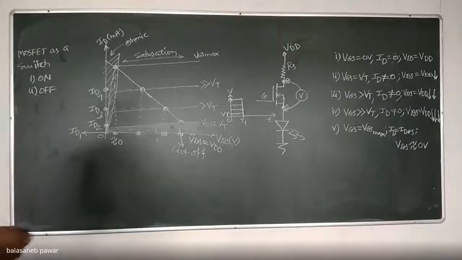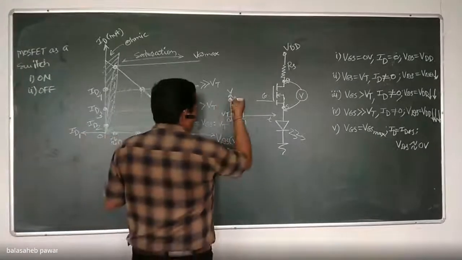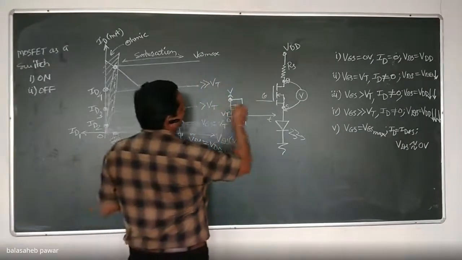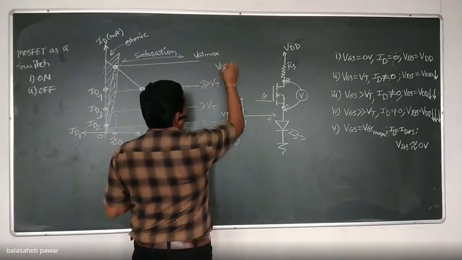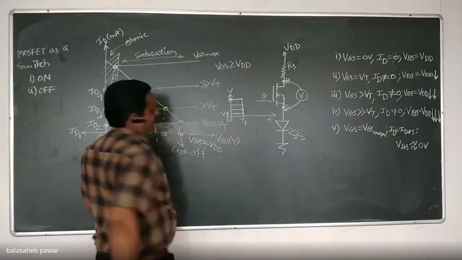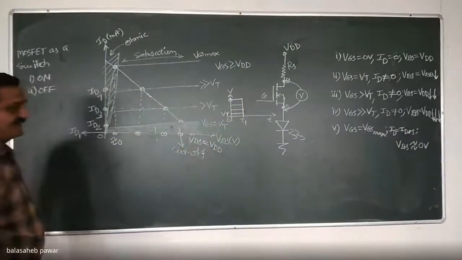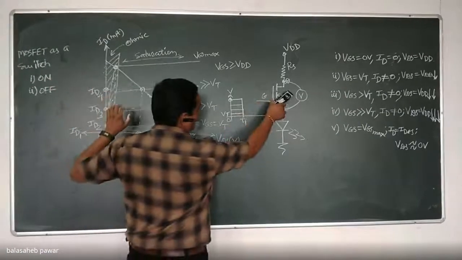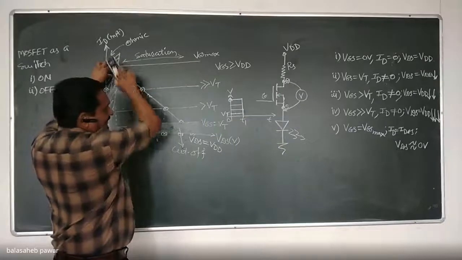So how much should be the amplitude of this gate pulse? Remember, whenever VGS is greater than or equal to VDD, this MOSFET will work in its ohmic region.